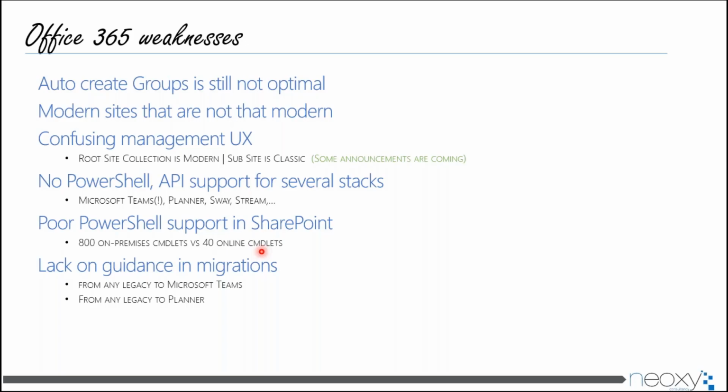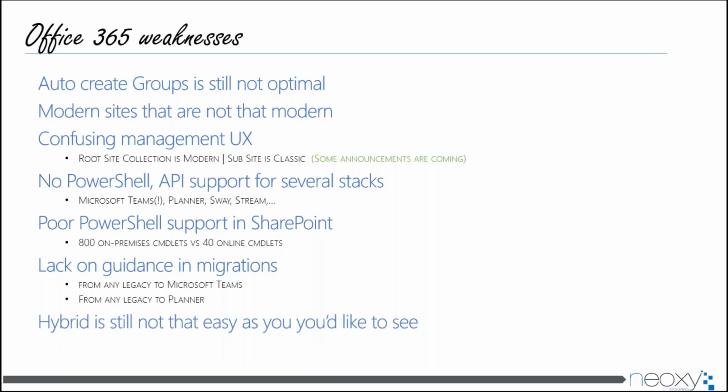But in some cases, like Get-SPSite or Get-SPOSite, which is the same, I just want to get information from my site. On premises, it gives different functions and methods. Online, it gives different functions and methods, different results. So every engine, every provisioning script you have written for making your users happy, for having a better productivity in Office 365, well, you have to review them all because it's not that easy.